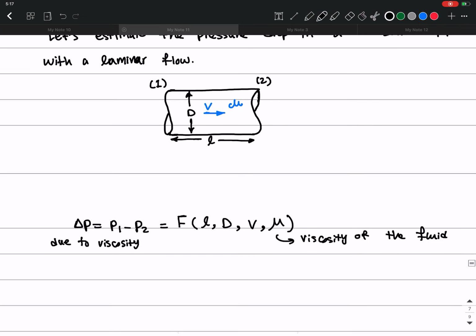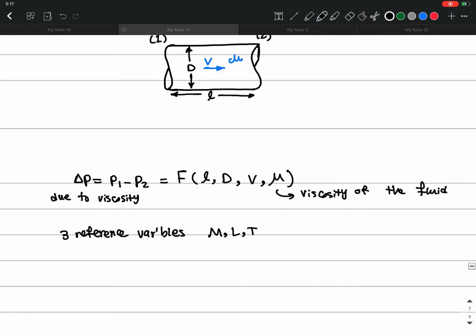So based on the steps we learned in the Buckingham-Pi theorem, we have three reference variables, which are M, L, T. And then we have 5 variables: 1, 2, 3, 4, and 5. And then 3 reference variables.